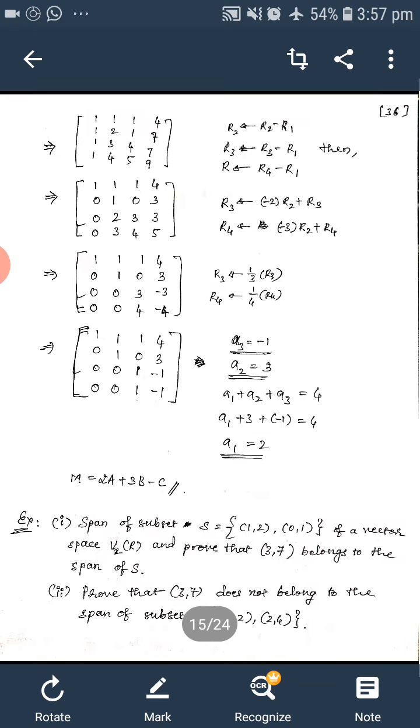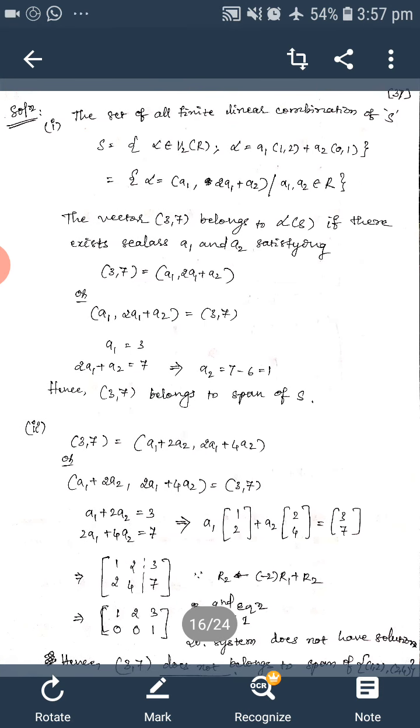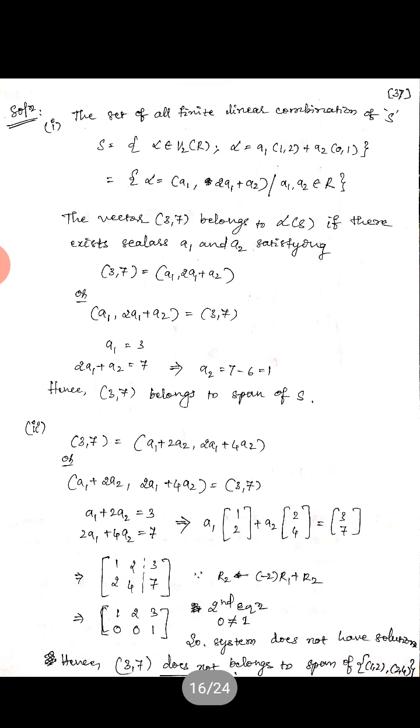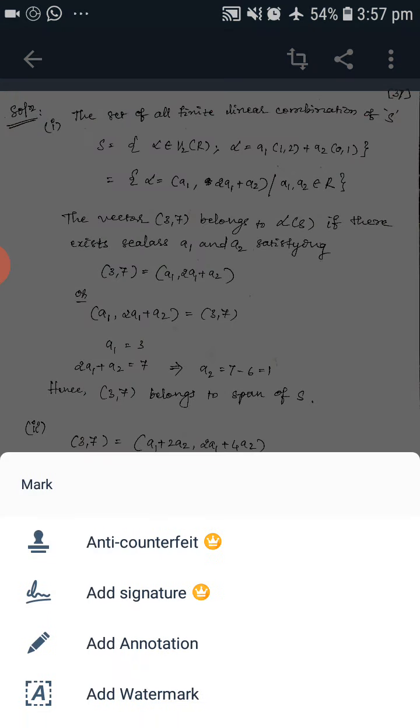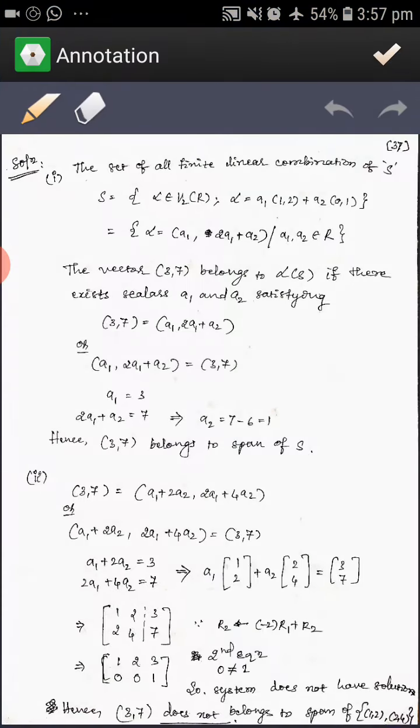Actually 0, 1 and 2, so this should be a2 times... sorry, a1 times (1, 2) plus a2 times (0, 1), so alpha is equal to a1. This is how we can write the equation here.